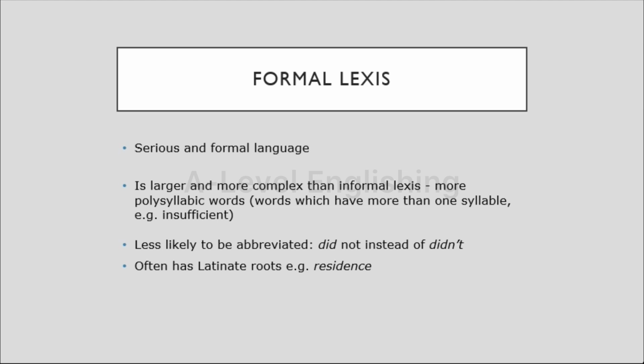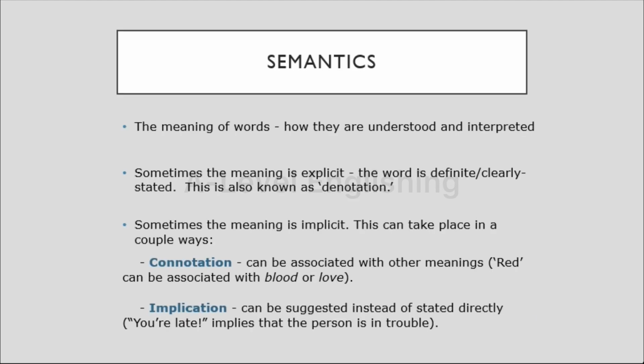You probably wouldn't be allowed to write can't and won't instead of cannot and will not or would not, right? So there's that. And with this, we are done with formal lexis and lexis in general, and we'll move on to the next segment, which is semantics. Now, semantics. Semantics is the meaning of words.